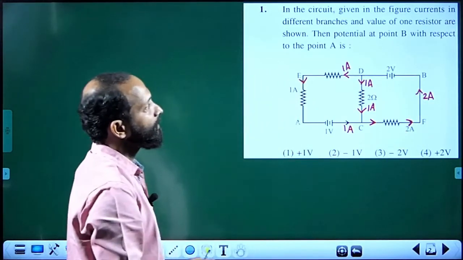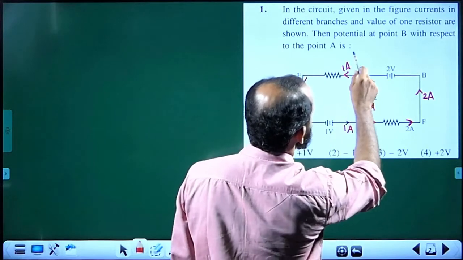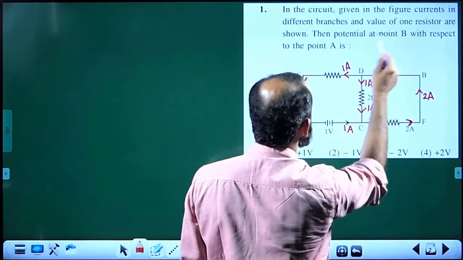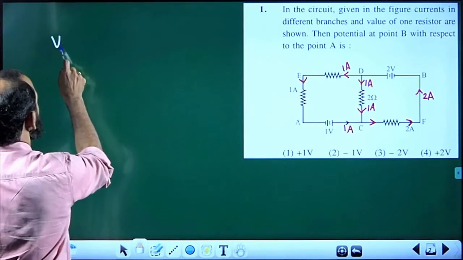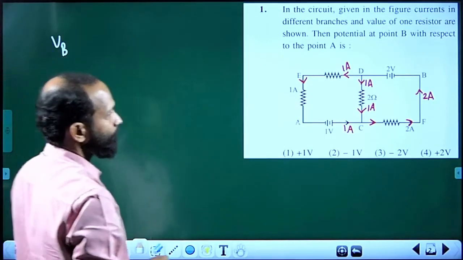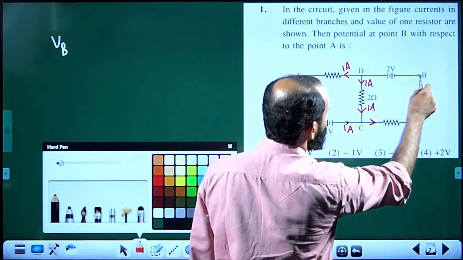For finding the potential difference between B and A, asked the potential at B with respect to A, that is VB minus VA is asked. Writing VB minus VA, we begin from B, along this loop.